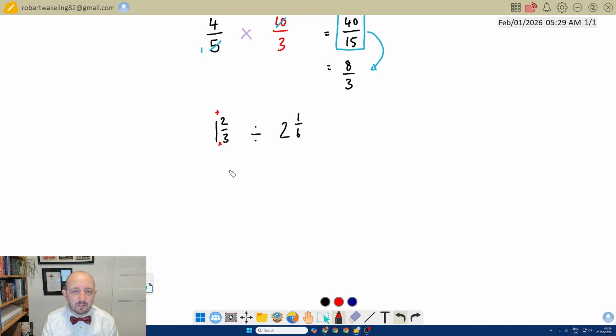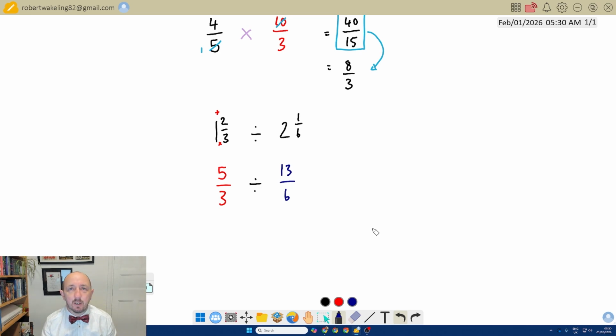So 1 times 3 is 3, plus 2 is 5. That's the top number. The denominator stays as a 3. Divide, and then 2 times 6 is 12, plus the 1 is 13 over 6.